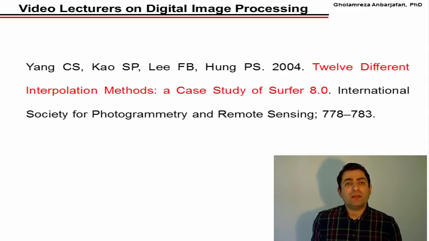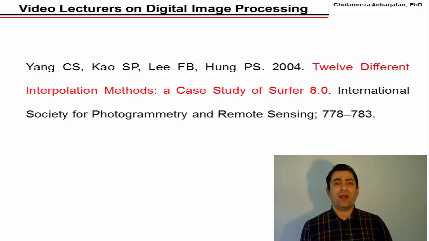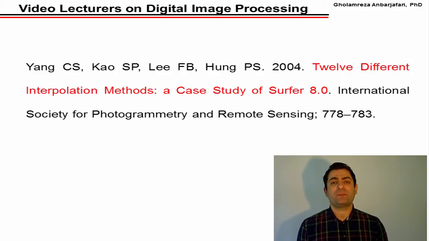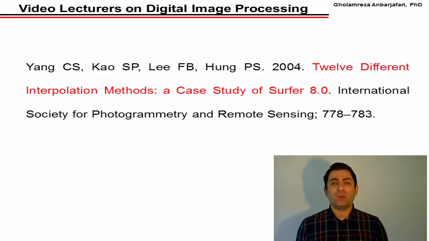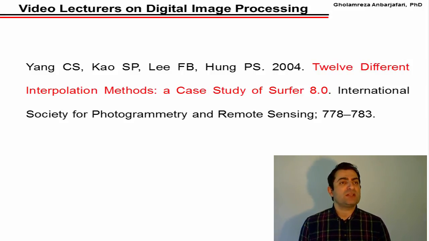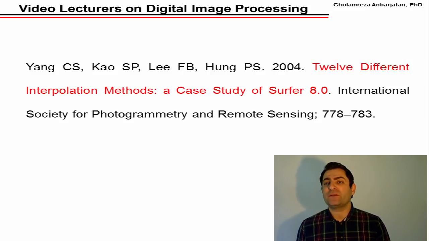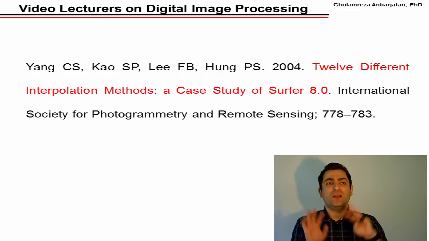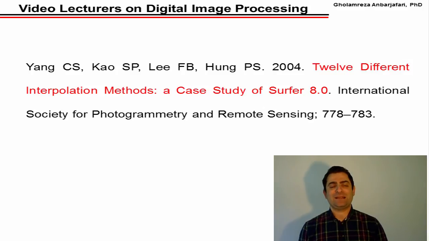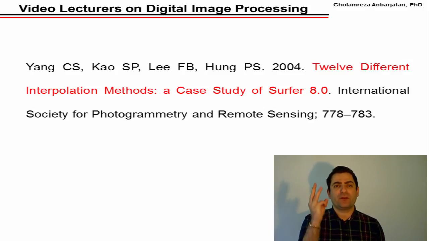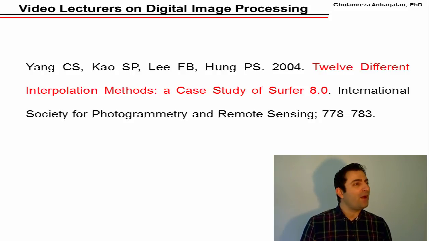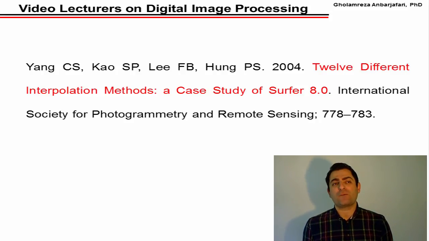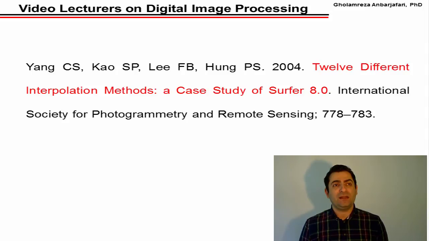Young and his colleagues in 2004 published a paper in the International Society for Photogrammetry and Remote Sensing entitled 12 Different Interpolation Methods. We will not talk about them in detail in this course. We will only refer to the 3 very well-known conventional methods. But I will mention the names of these 12 methods so your ear will be familiar with them.